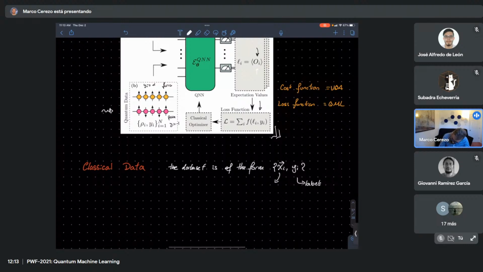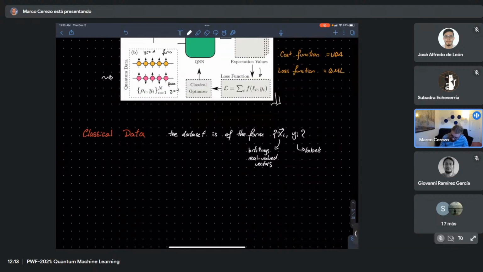And the x_i can be, for instance, bit strings, or they can be real valued vectors, because we know that ultimately classical information can be represented in the form of bits and bit strings. So we can always try to boil down whatever representation we have of our data into something of this form.